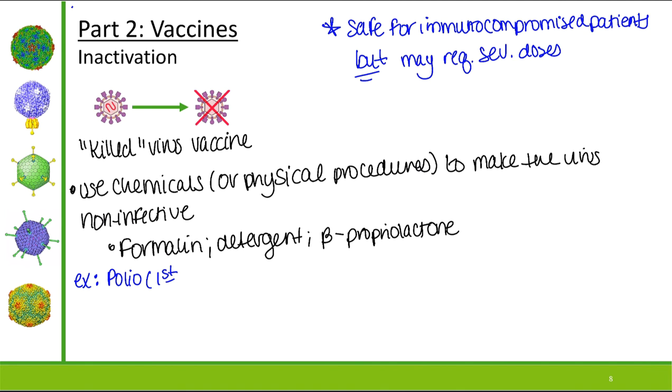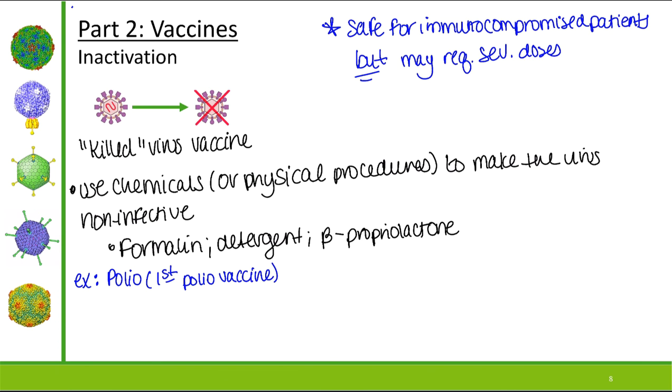So we actually have 2 vaccines for polio. This was the first polio vaccine, and the first polio vaccine was an inactivated form of the virus. And this, of course, brought the deaths due to polio down significantly. But we had what is referred to as the Cutter incident.